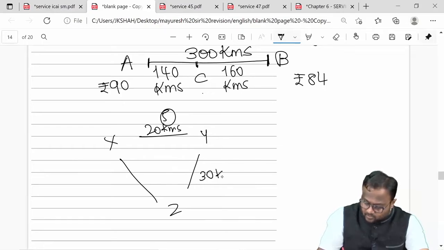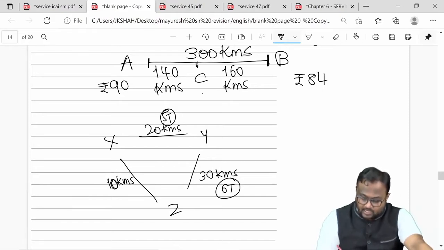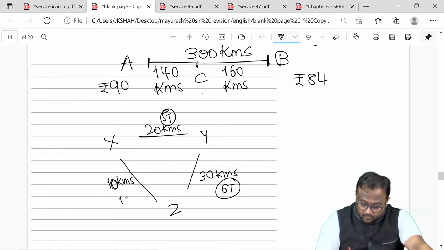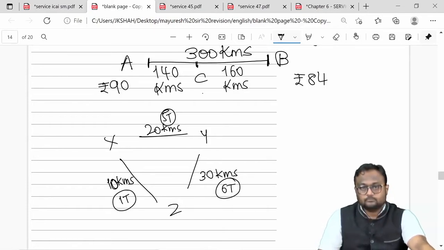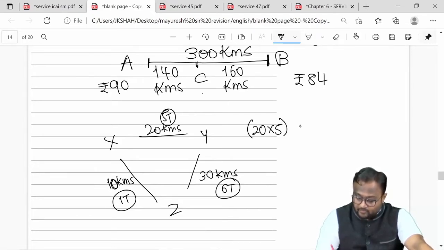This is 30 kilometers, I carried 6 tons. And this is 10 kilometers where I carried 1 ton.